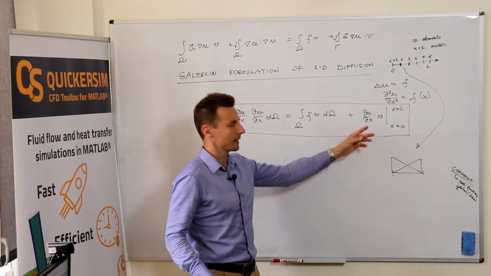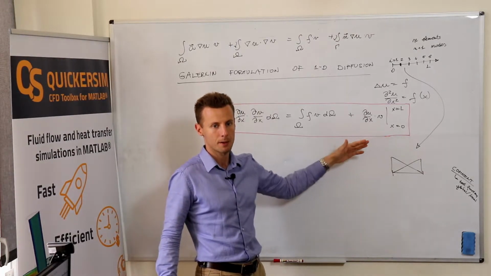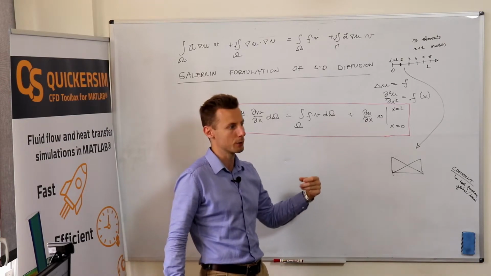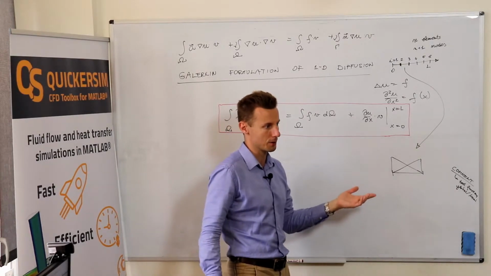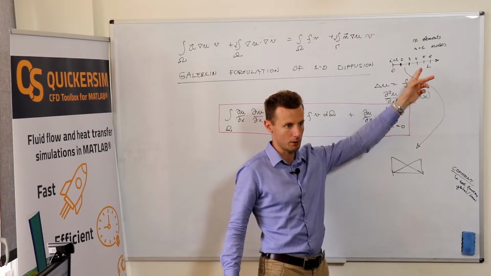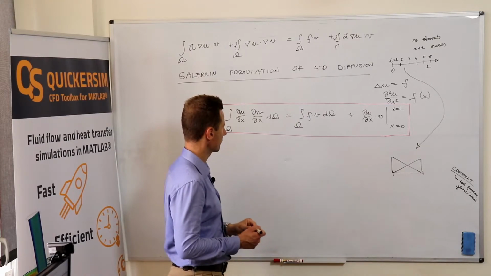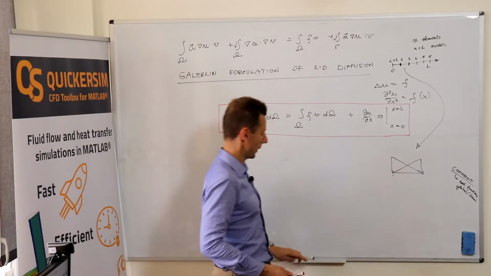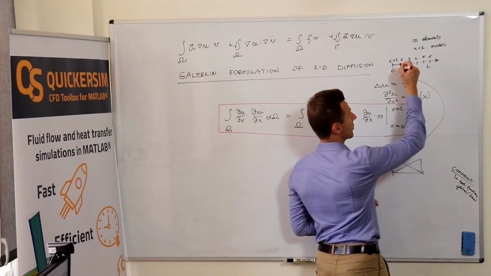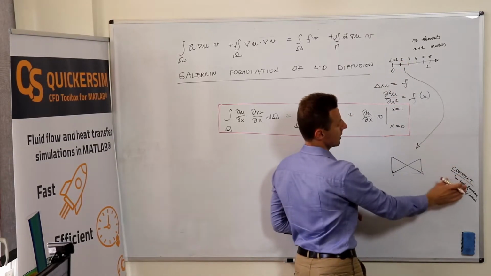So taking arbitrary many test functions, taking each particular specific test function will render one discretized equation. So to come up with the equations for each scalar value at a certain node, what we are doing is using each of these test functions.